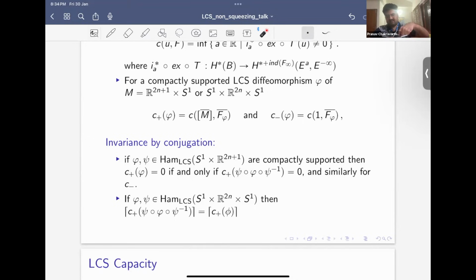They can have any integer length, and you will still come back to the same point on the circle. This in fact translates to the following theorem: the integer part, the ceiling function, of the spectral selector of the conjugation is the same as the ceiling part of the spectral selector of phi itself.